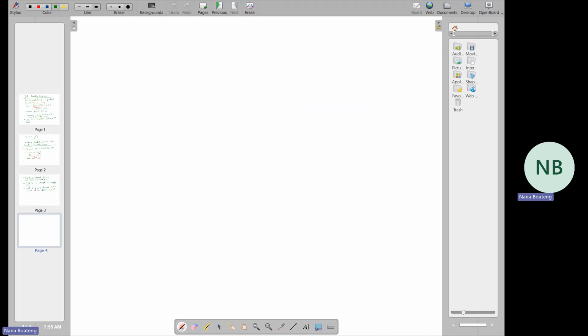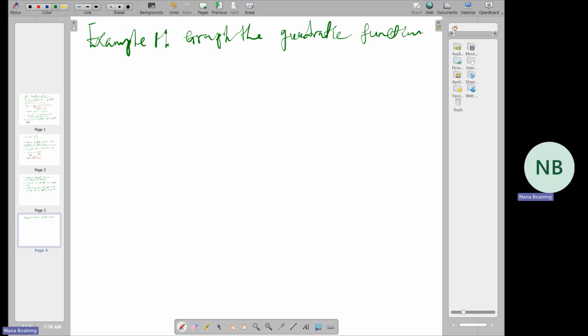Example one: graph the quadratic function f of x is equal to negative (x minus 1) squared plus 4.